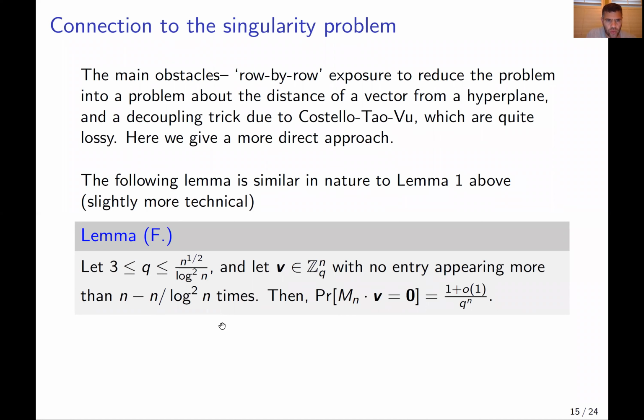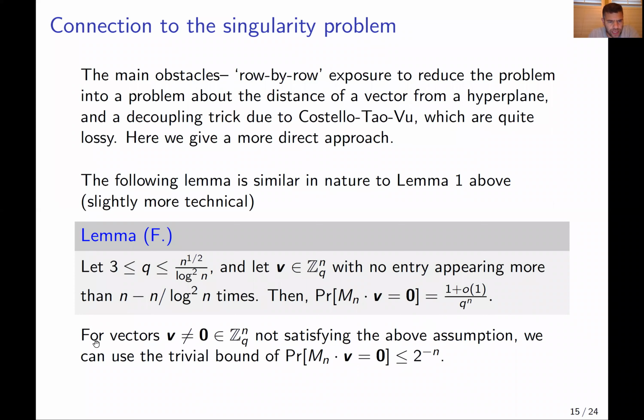So let's imagine that we have such a lemma: every vector with no entry that appears more than n minus n over log square n many times satisfies that the probability that M_n times v is 0 is more or less uniform, like 1 over q to the n.